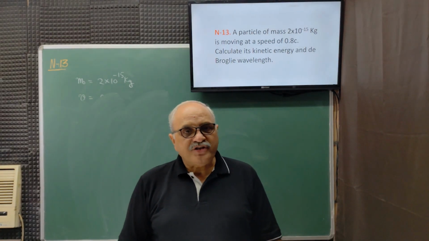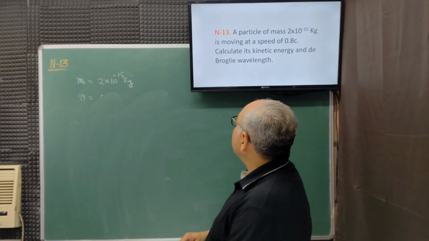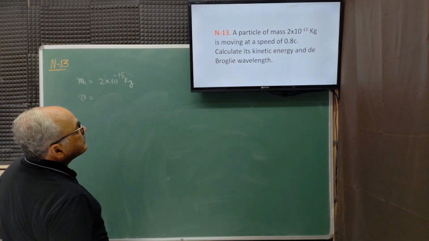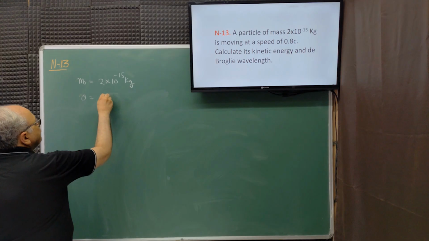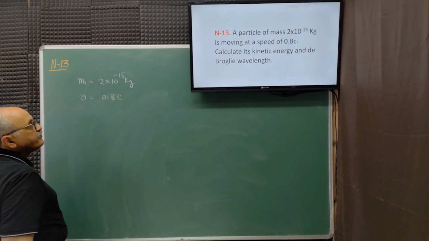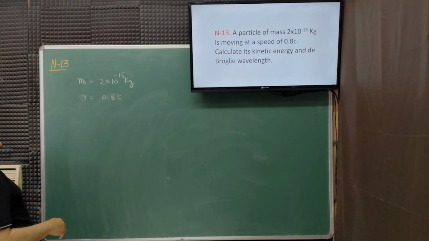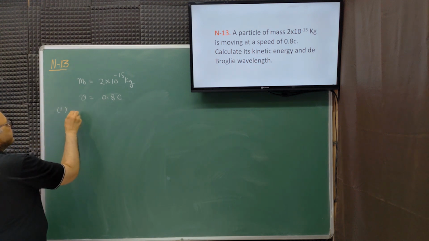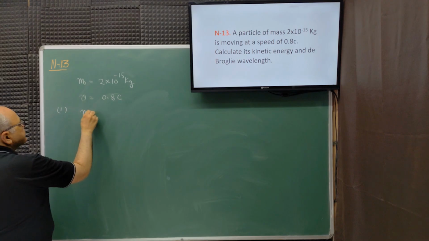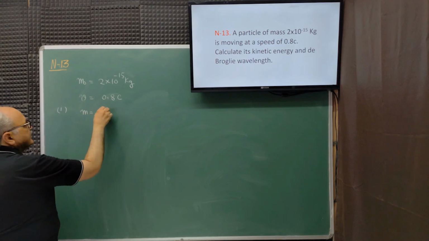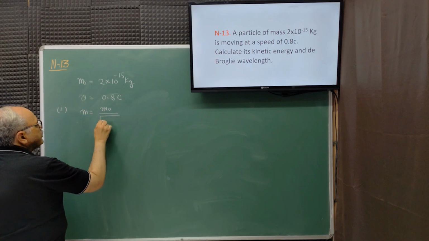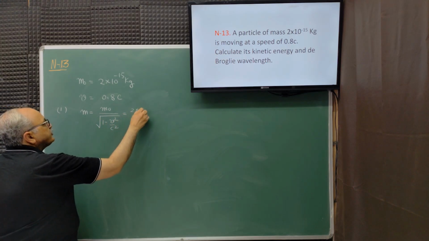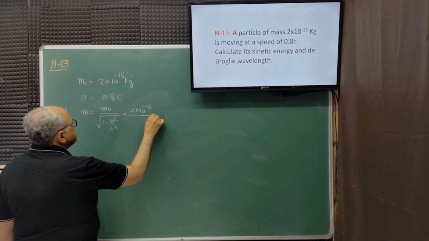So let's take question number 13. In this question it is said that there is a body of rest mass 2 times 10 to the power minus 15 kg moving with velocity 0.8c. We have to calculate its kinetic energy and de Broglie wavelength. To find the kinetic energy, first let's calculate its relativistic mass, m equals m0 divided by the square root of 1 minus v squared by c squared. m0 is 2 times 10 to the power minus 15 kg.